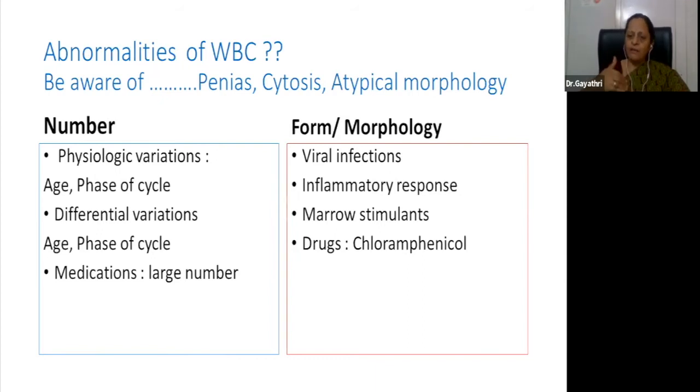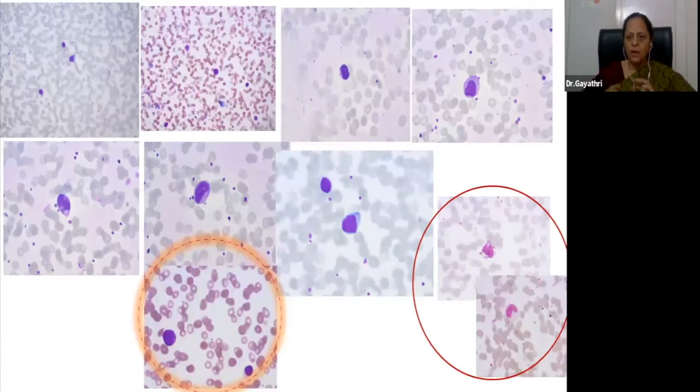If you are not aware that these are being taken by the patient, you could mistake the WBCs in this patient as being abnormal. You could even call such a smear consistent with a leukemia. So one should be aware of these variations and these effects on the WBC.